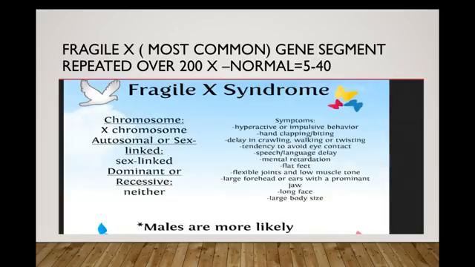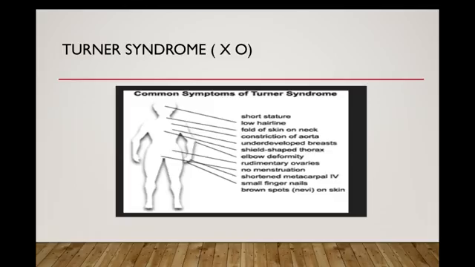Another would be Fragile X, which is the most common. There's a part of the gene that is overactive. And of course, males are more likely to be affected because they don't have that extra X chromosome to cover for this. For girls, it might be Turner syndrome, where they have one X and a non-expressed second X, or they don't have it.